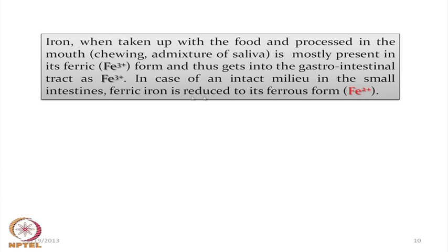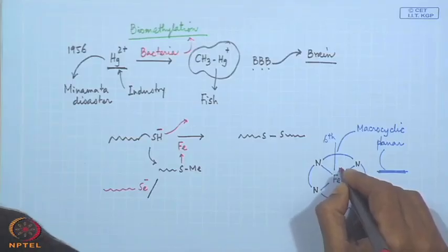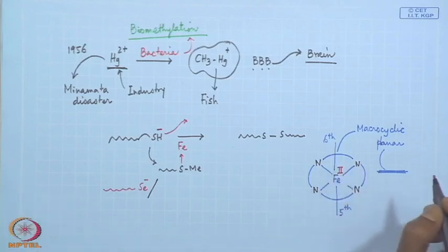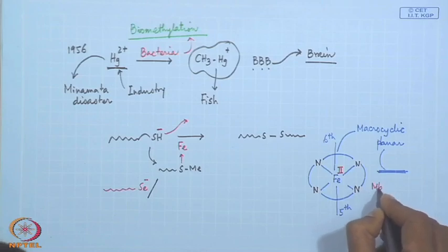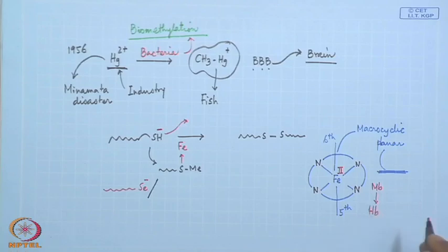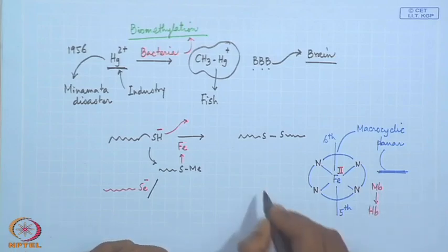and in the intact form it goes to the small intestine, and ferric iron there is reduced to the ferrous form. So, once it can go to a reduced environment, when the reduced environment is available, we can go for an electron transfer. So, how we incorporate this ferrous iron into the porphyrin ring for the synthesis of myoglobin, and 4 such myoglobin units can bind to each other to give you the hemoglobin molecule.